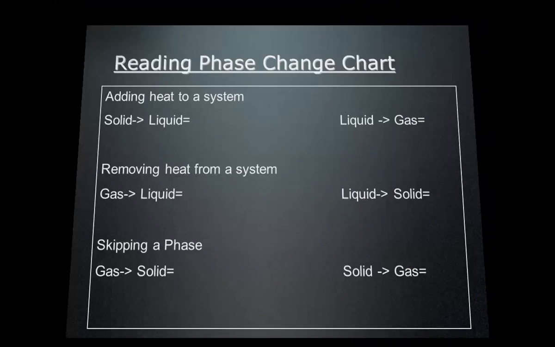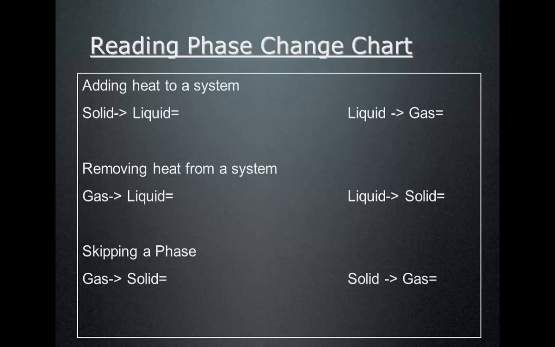Our last topic is to talk about the changes of state and what happens to temperature in these situations. So we know if we are adding heat to something and it turns from a solid to a liquid, what's the term we use? Melting.